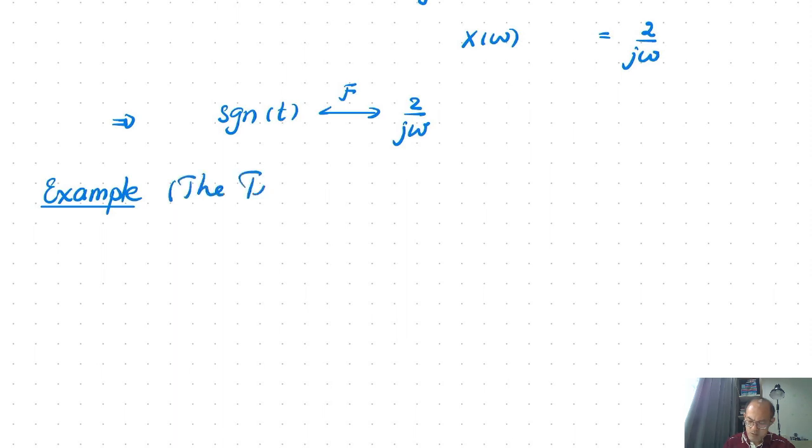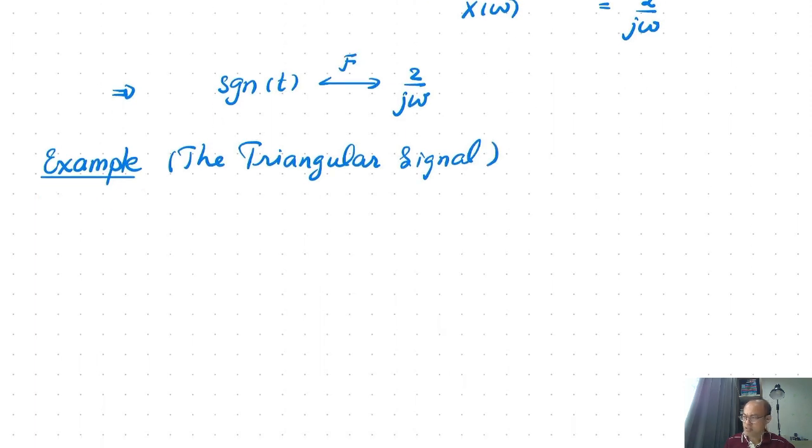The triangular signal is defined... well, let's look at the graph first. A triangular signal is denoted by TRI. Let's call it just x.